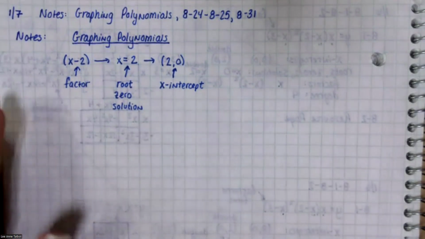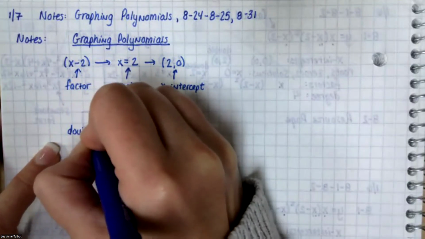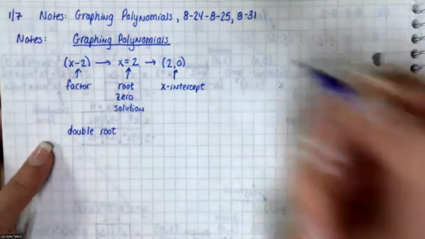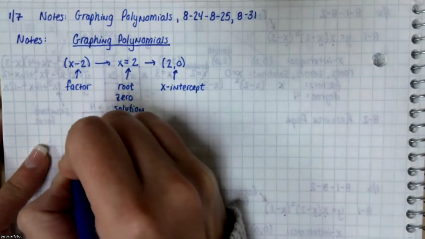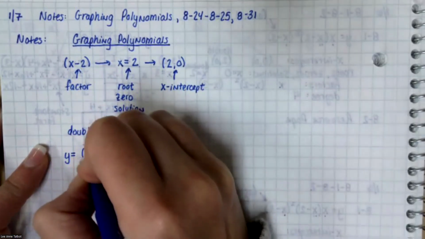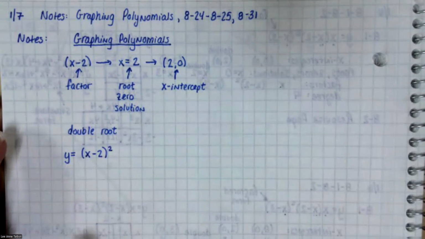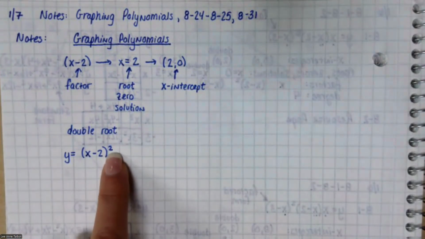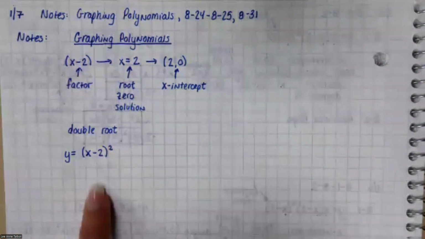Okay, then we learned about some new cool stuff, double and triple roots. Next, we learned what a double root was. I'm going to use an example again, because I just feel like that helps the most. And a double root has a squared on it. So this is a single root. This is a double root with a squared on it.